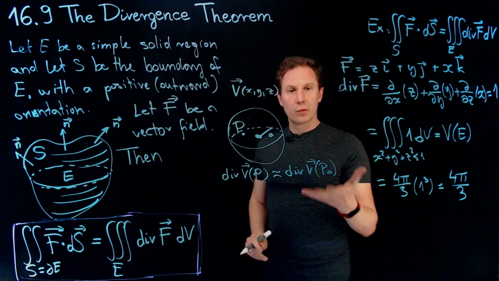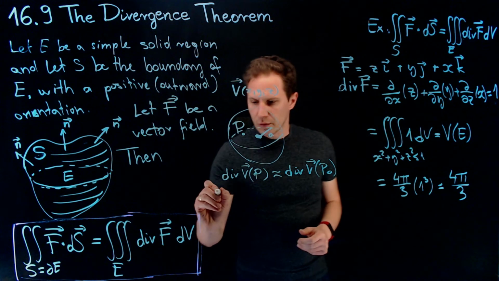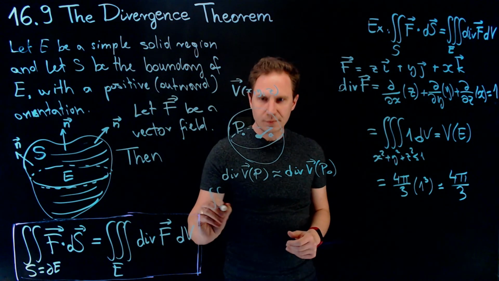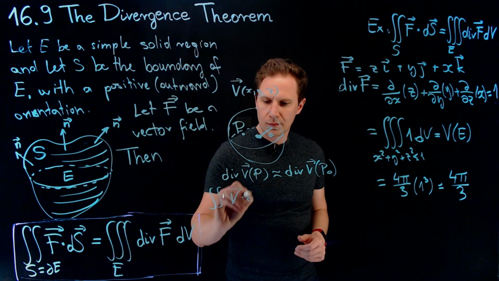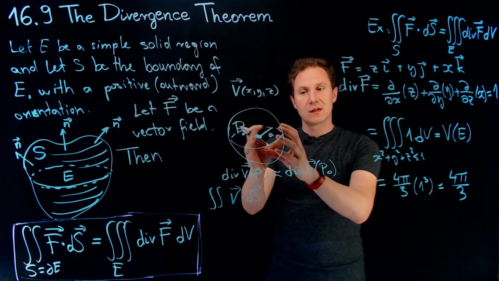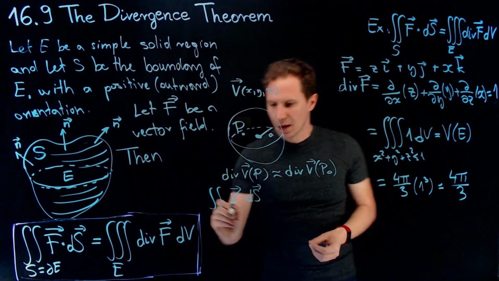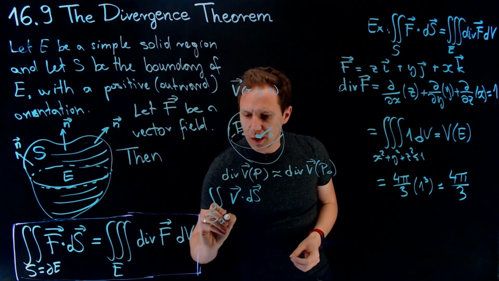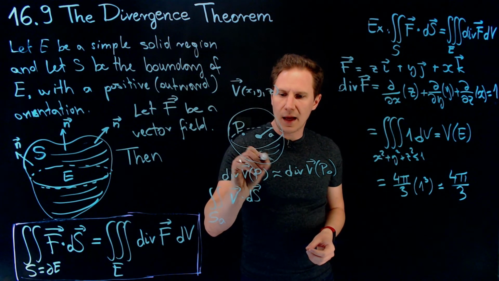So when you write down the divergence theorem for the surface integral of V across the surface of that ball, the sphere of radius a centered at P naught, let's call that sphere S_a.